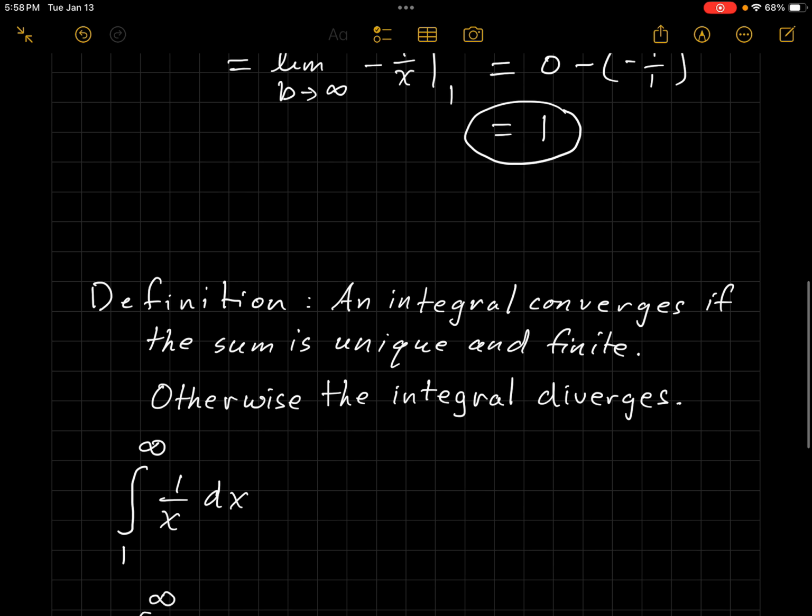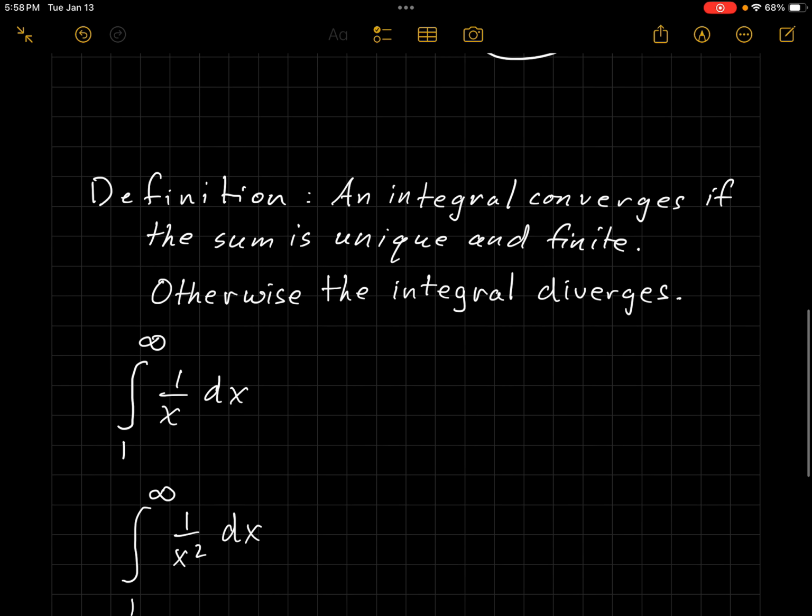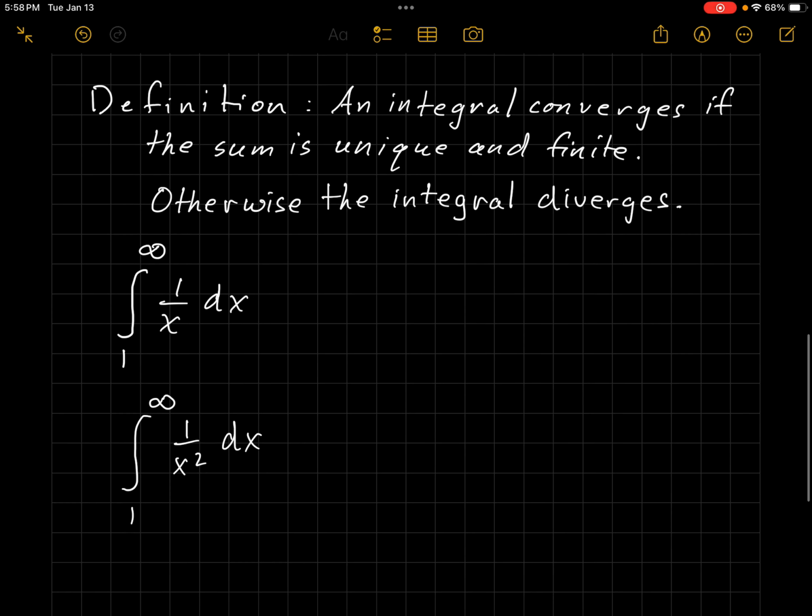Very briefly, I have a couple definitions for you. We say that an integral converges if the sum is unique and finite. We'll concentrate on the finite here. Otherwise, the integral diverges.